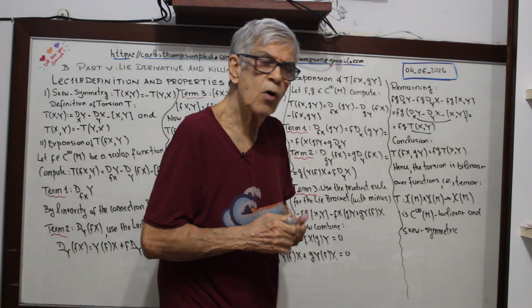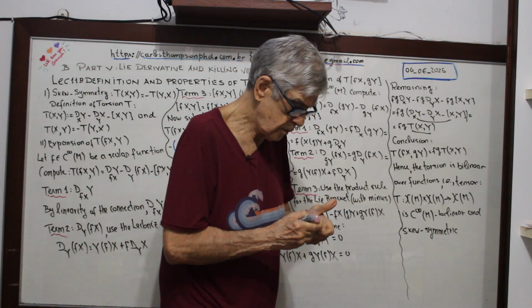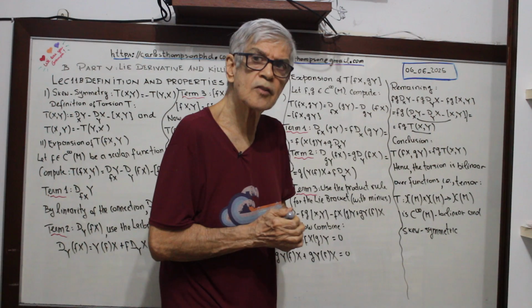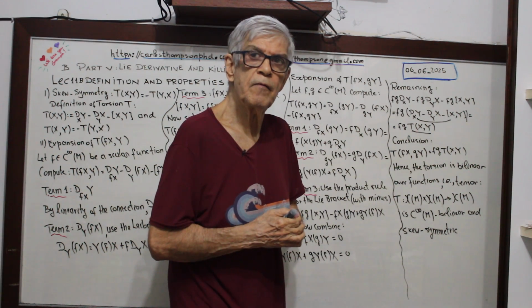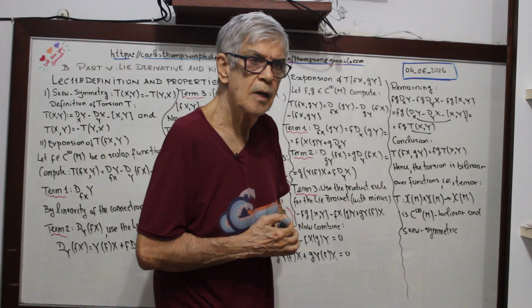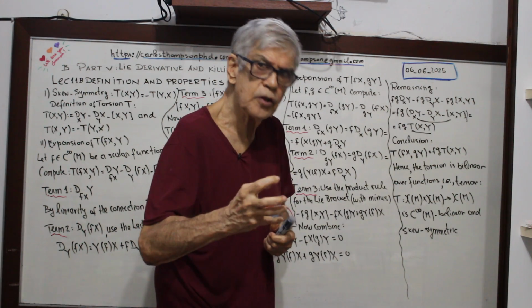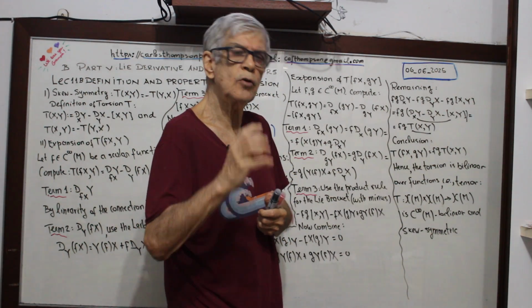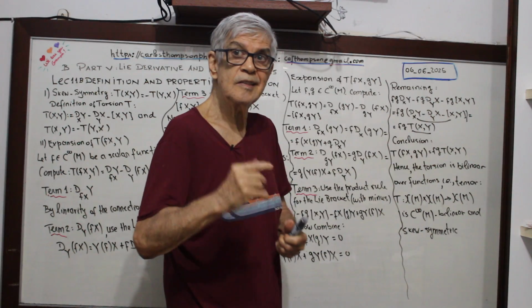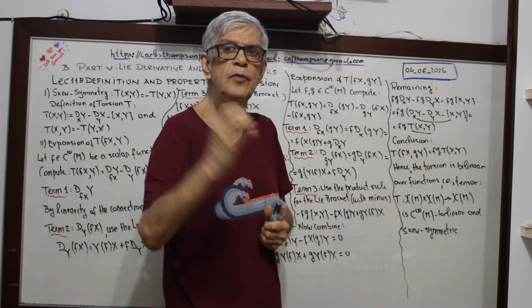As I said before, x and y are vector fields. Then you apply the definition of the torsion using x and y. This leads to a vector field.